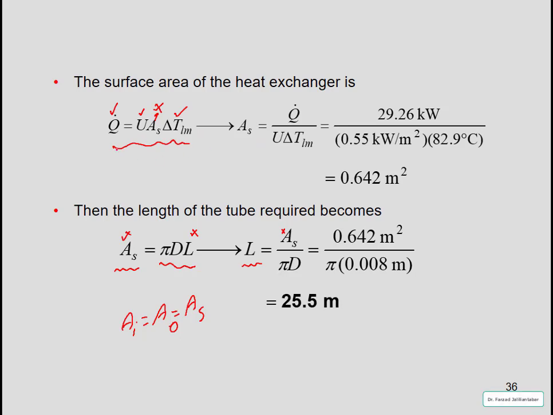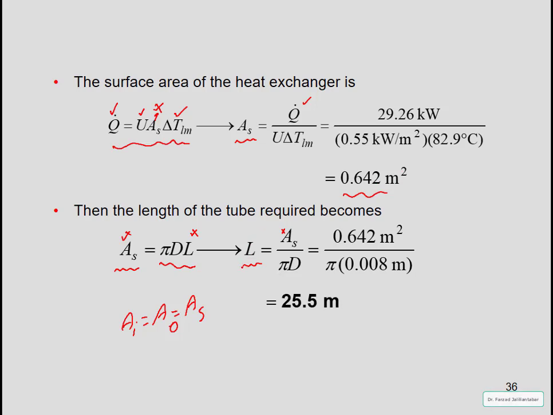By rearrangement of this equation, we can find the AS, or effective surface area for heat transfer in this heat exchanger. We know Q dot, 29.26, which we have calculated here. We know U because it is given, it is the overall heat transfer coefficient, and delta T Lm we have calculated. Finally, the AS will be 0.642 meter square.